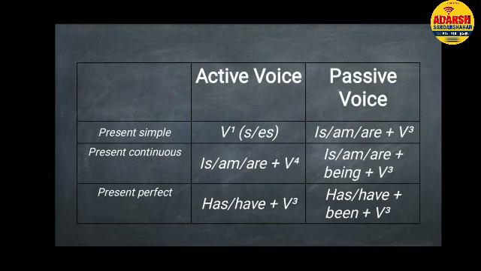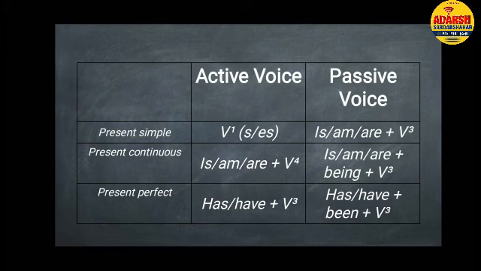First is present simple. In active voice, the helping verb is the verb's first form in s or es. If our subject is singular, then we add s or es. Otherwise we don't need to add s or es. While in passive it is am/is/are plus the verb's third form.